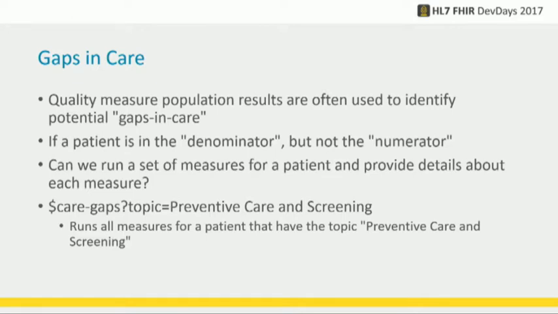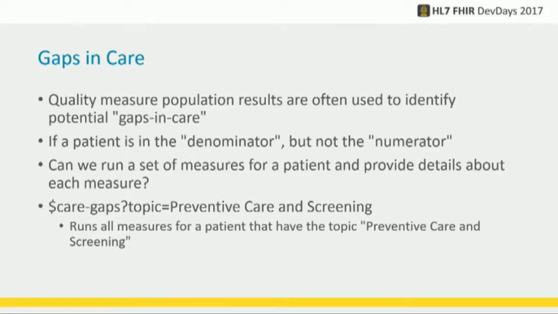And so it's a prospective use of the quality measure to say, create a gaps in care report that says you've got this population, there are these set of people that are not in the numerator and they ought to be, right? So that gaps in care report gives you a way to turn that into a care management tool rather than a retrospective quality reporting tool.